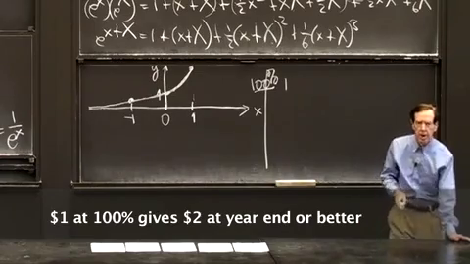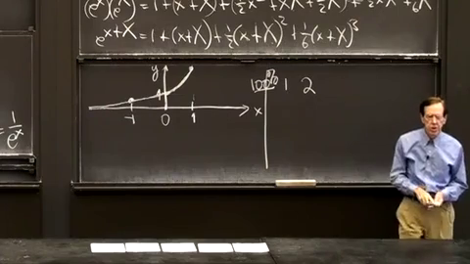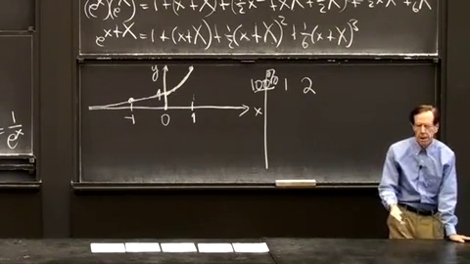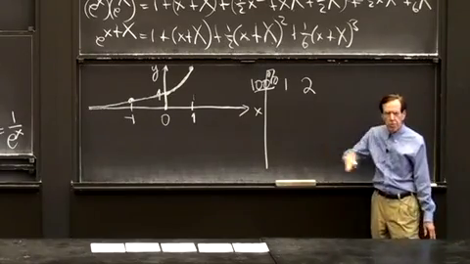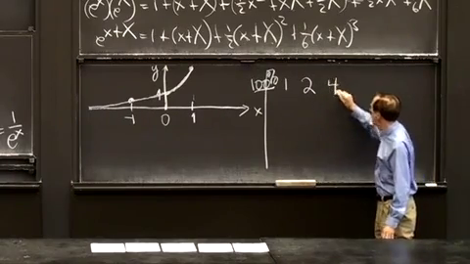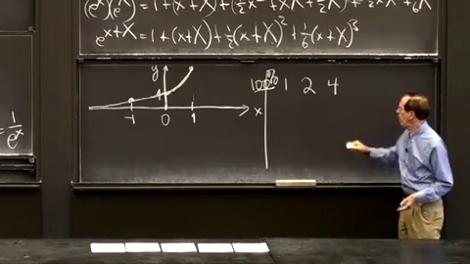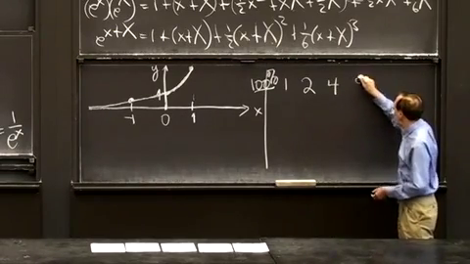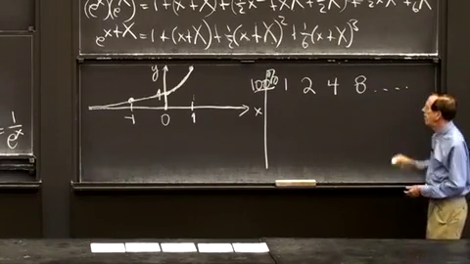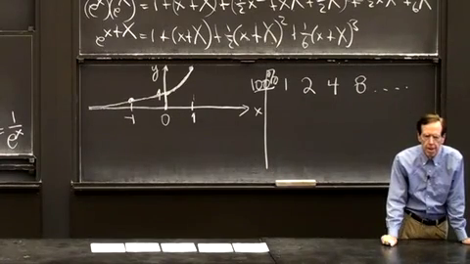It adds in another $1. So now you've got $2 in the bank after the first year. At the end of the second year, it gives you 100% of what you've got in the bank. So it gives you 2 more. It gives you 4. At the end of the third year, it gives you an additional 4. You're up to 8. And you see what's happening. It's the powers of 2. Well, that's pretty good growth.